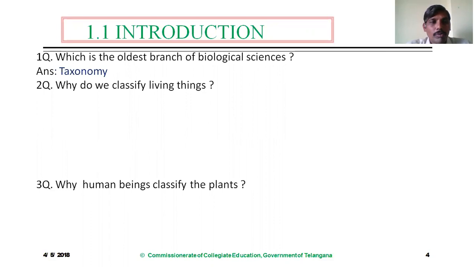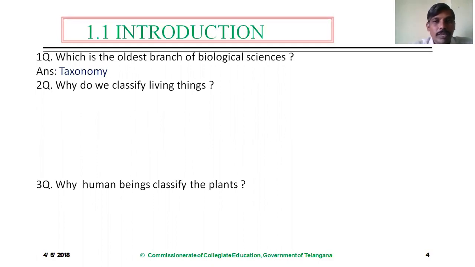So, without any scientific knowledge or educational background, human beings searched for different types of plants for their usage. In this way, they identified the plants and classified them based on usage: essential plants, non-essential plants, and poisonous plants. That's why taxonomy is the oldest branch of botany.